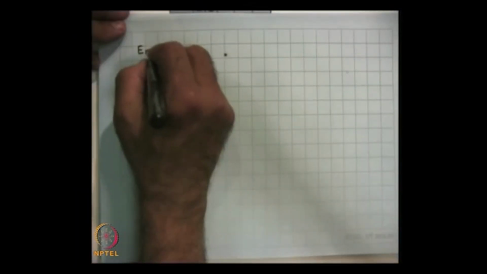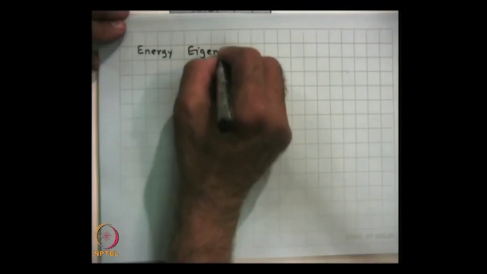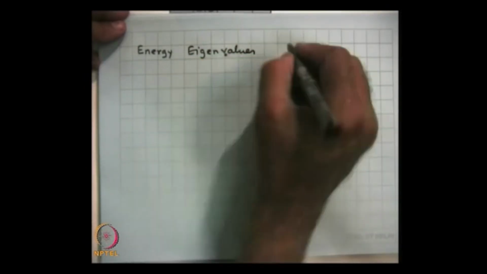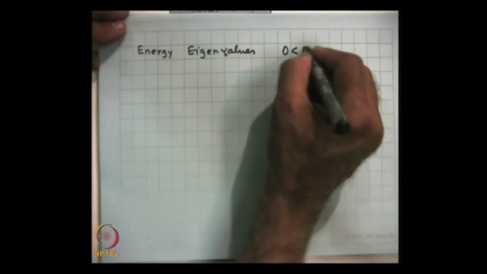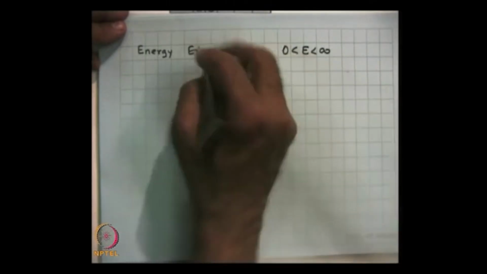So, we say that the energy eigenvalues form a continuum: E is greater than 0, and they can take all values between 0 and infinity.